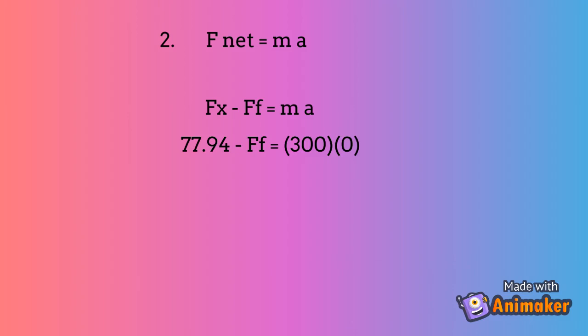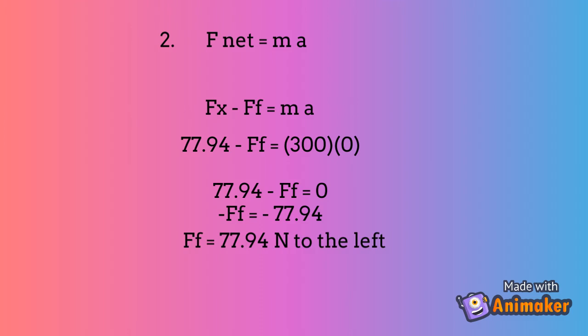Then it's 77.94 minus frictional force equals 300 kg, which is the mass of the car, multiplied by 0. Transpose 77.94 to the other side. Then negative frictional force equals negative 77.94. Multiply both sides by negative, you'll get frictional force equals 77.94 newtons to the left. Since Fx equals frictional force, it shows that the car is moving at constant velocity.